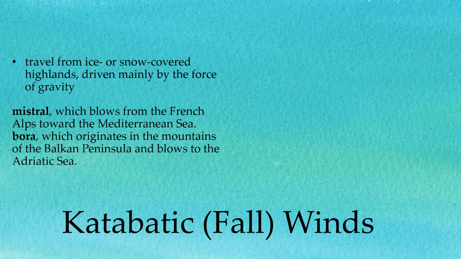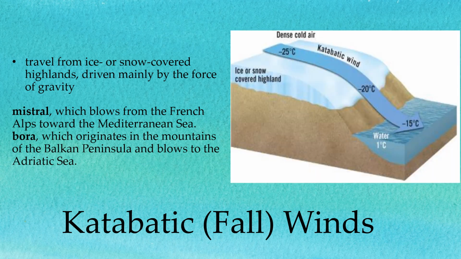So this is called Mistral from the French Alps, and Bora from the Balkan Peninsula. This is just an illustration of these katabatic winds, a few of the better known katabatic winds, which have the local names Mistral and Bora.